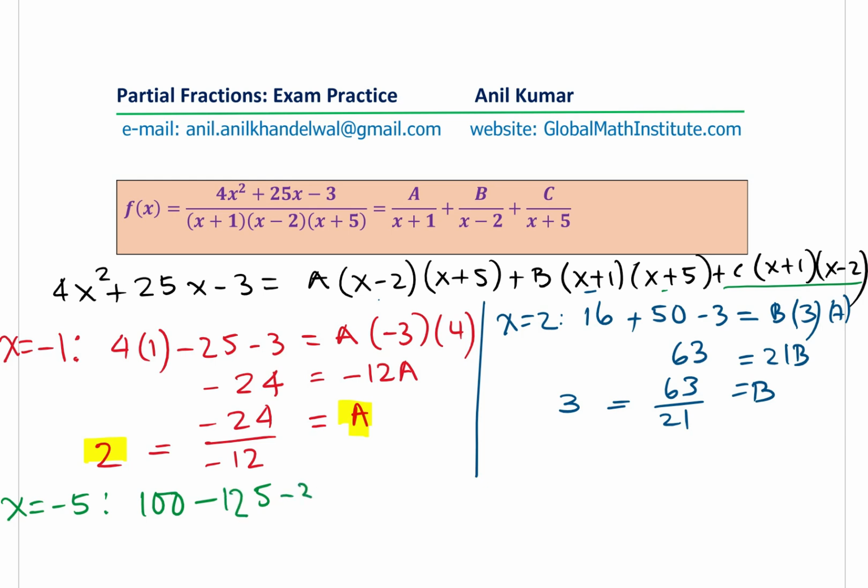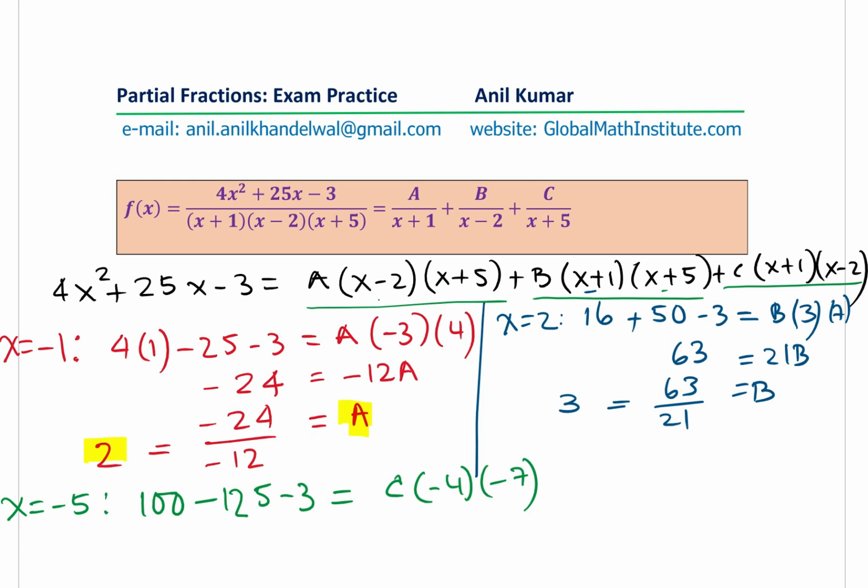And here we have minus 3 equals. These two terms, when you substitute minus 5, will be 0, right? But here we have c times minus 4 times minus 7. Correct? So that is what you get.